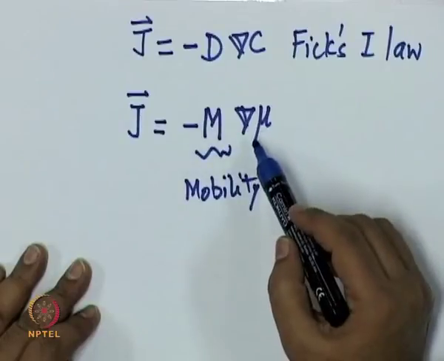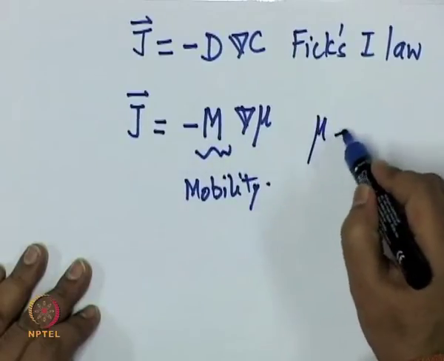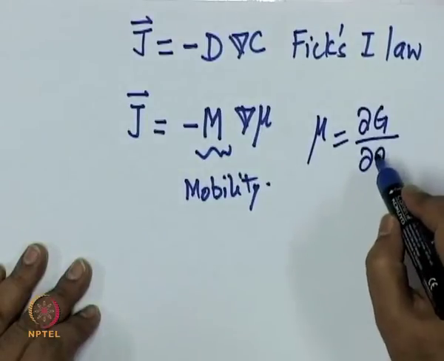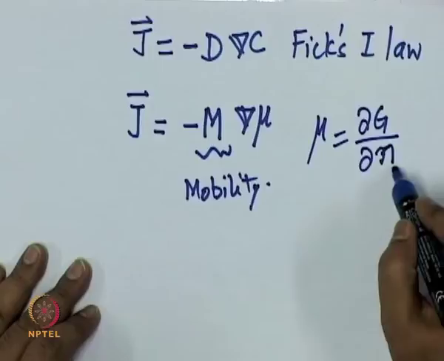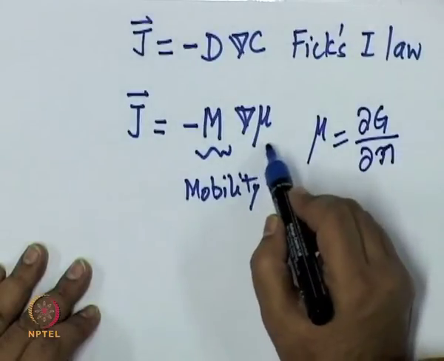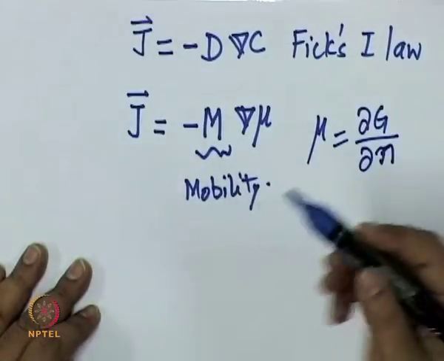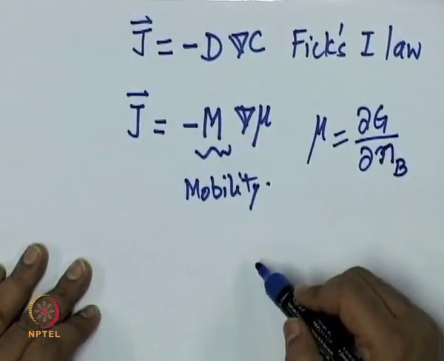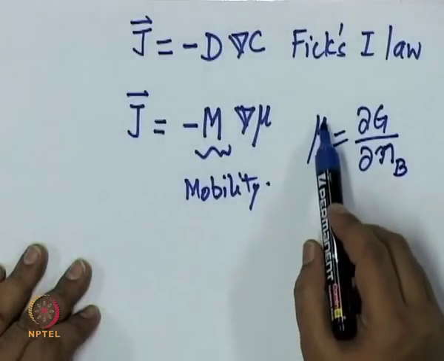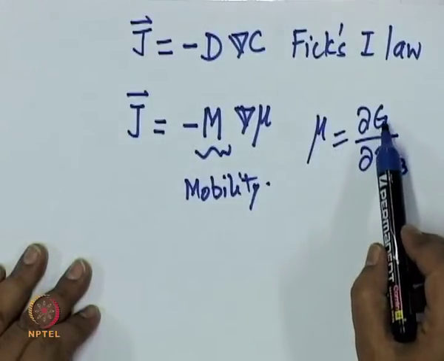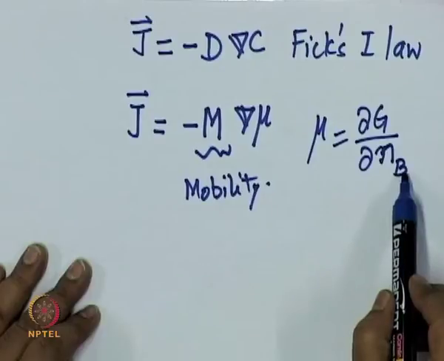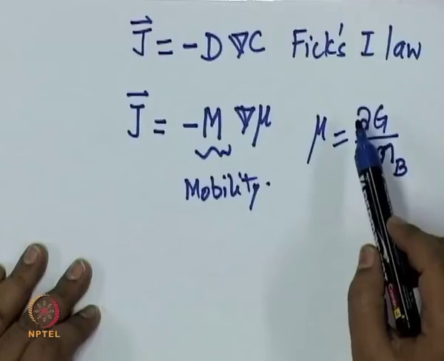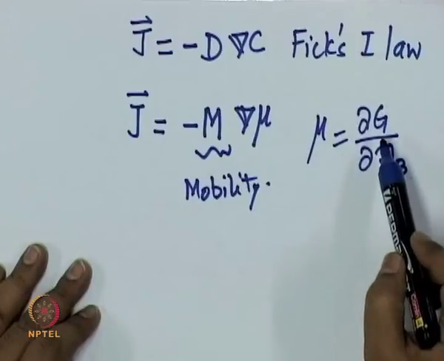But remember, mu itself, what is mu? Let us say that we are writing everything for the diffusivity of B. So, it is dou G by dou N B. So, mu itself is the partial derivative of free energy with respect to the B atoms, which means the free energy versus composition curve.